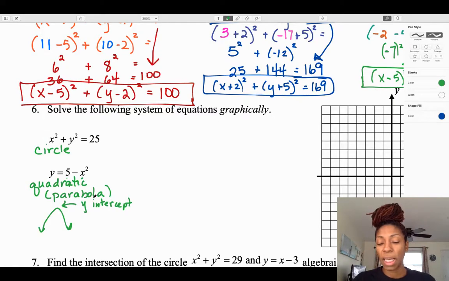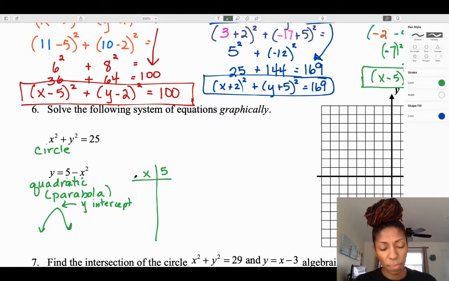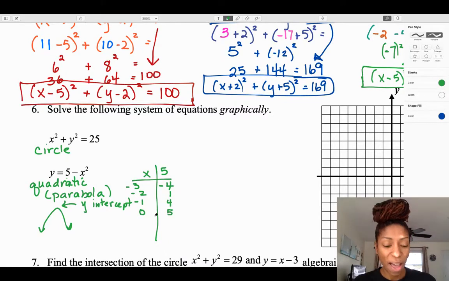I'm going to press second table to get some coordinates. At -3, it's -4, at -2, 1, at -1, 4, at 0, 5. Oh, that's the y-intercept, (0, 5).